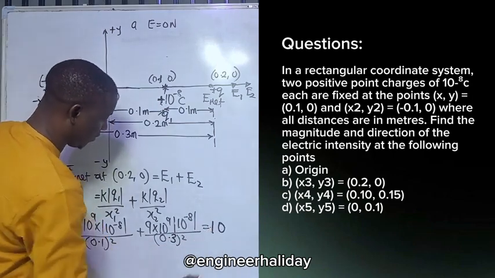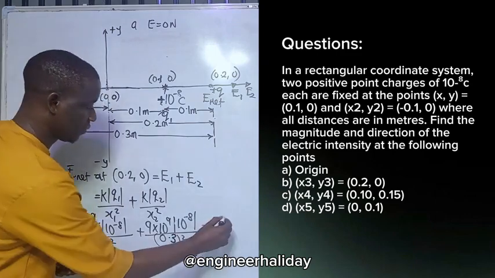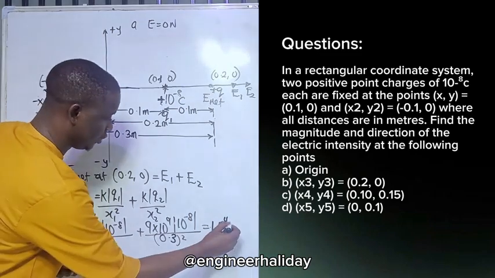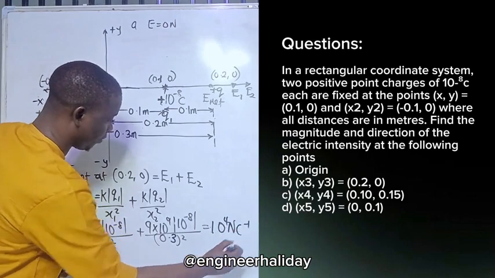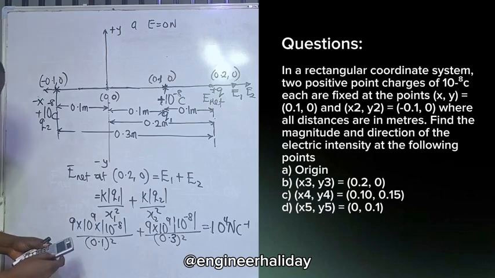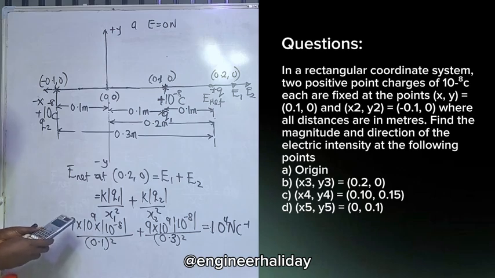Newton per coulomb. Let me confirm it. Sorry, permit me to confirm it, please. We have 9 times 10 to the power 9 times 10 to the power minus 8 divided by 0.1 squared.